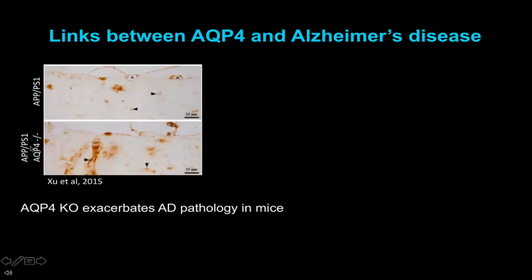And what you see here is that when the mice were crossed with AQP4 deletion mice, knockout mice, there was an exacerbation of the amyloid pathology, and also the mice showed worse cognitive performance when the glymphatic system was inhibited in the AQP4 knockout mice. So we know now that AQP4 knockout exacerbates the AD pathology in mice.